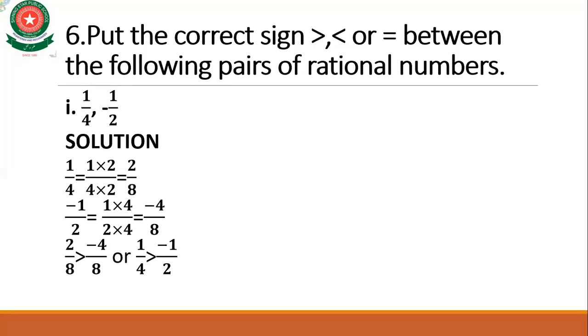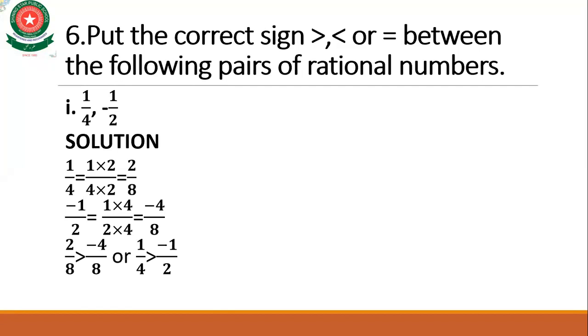We multiply both the numerator and denominator by 2: 1 multiplied by 2 over 4 multiplied by 2, which is equal to 2 by 8.